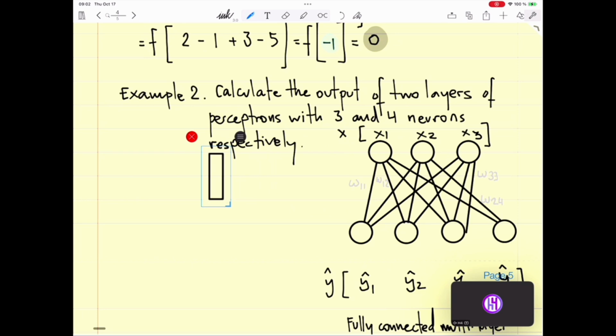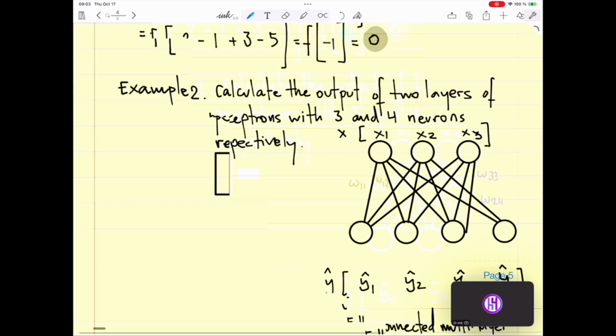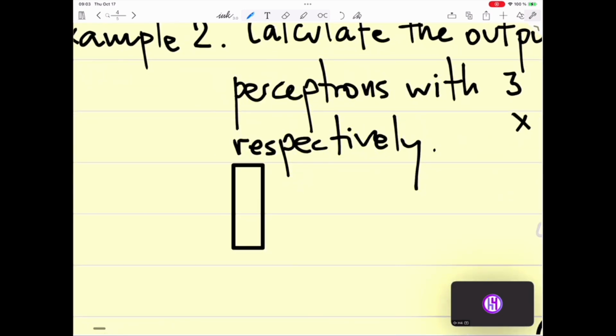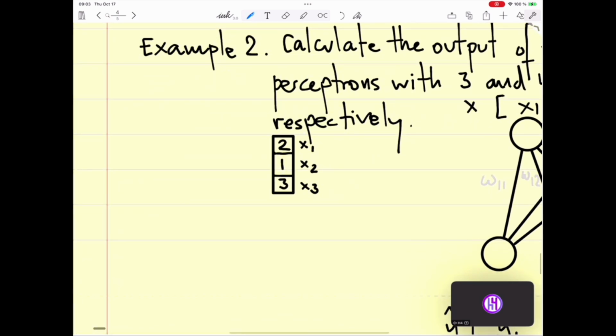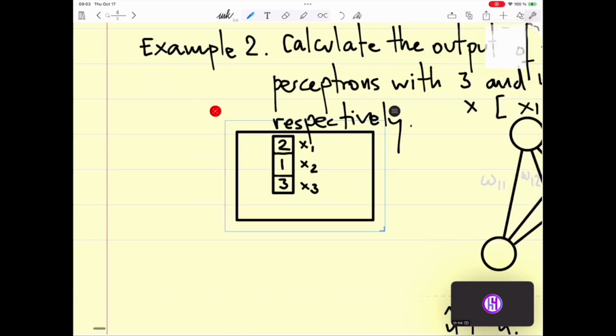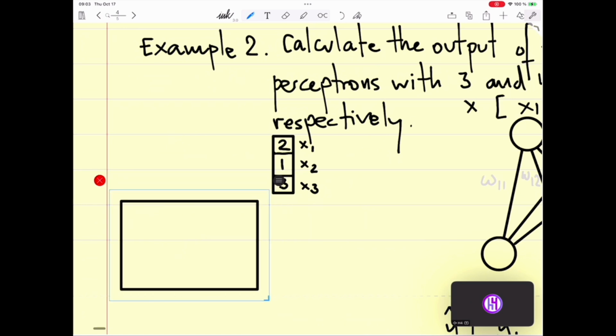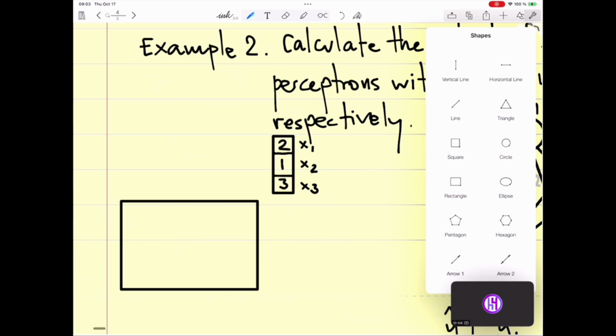You would need to put these numbers into order and understand what you're doing. 2, 1, 3. Okay. This is x1, x2, x3. And then we get our weight matrix with the bias.